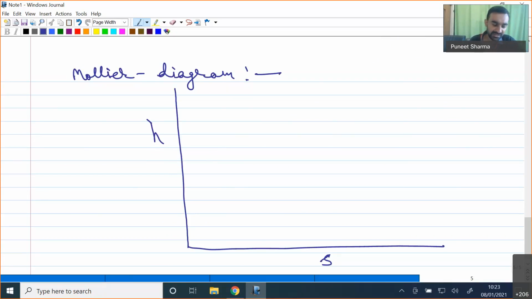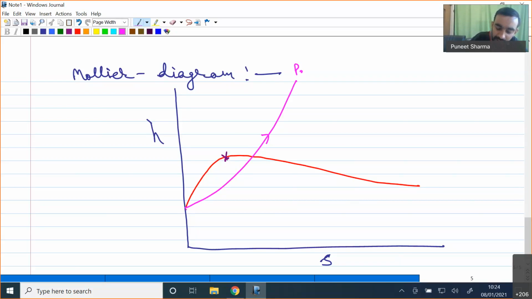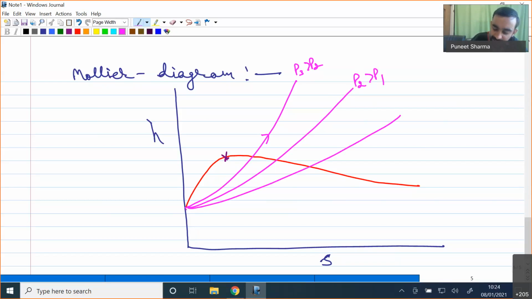It is a very famous diagram, because all the steam table data can be obtained from this single HS diagram. On this HS diagram, if I plot the liquid vapor dome, it looks something like this. Somewhere over here we have our critical point. If I plot the constant pressure lines, they look something like this. Say this is some pressure P3, which is greater than P2, then this is pressure P2, which is greater than P1, and this is another pressure P1.